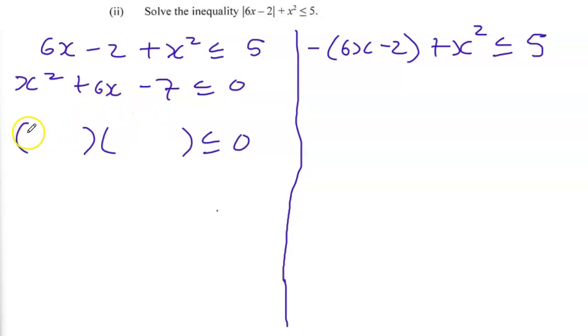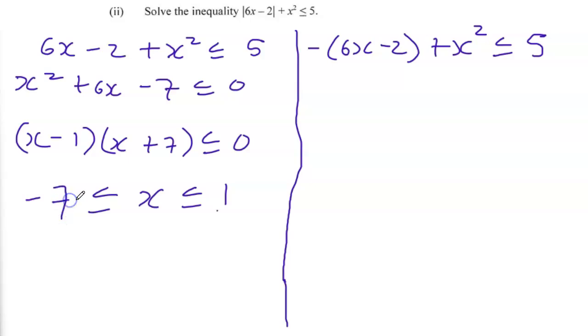So (x plus 7)(x minus 1) is less than or equal to 0, so x is between the two values: less than or equal to the larger value, 1, and greater than or equal to the smaller value, minus 7. Positive 1 and negative 7 are the critical values; if you equate these brackets to 0 and solve, you'll get 1 and minus 7.